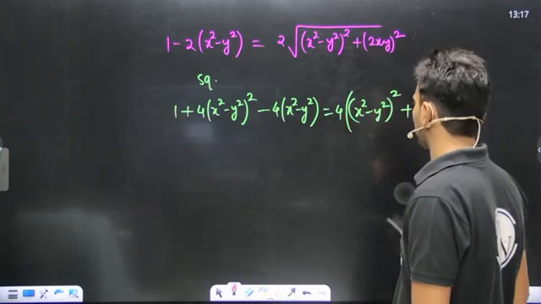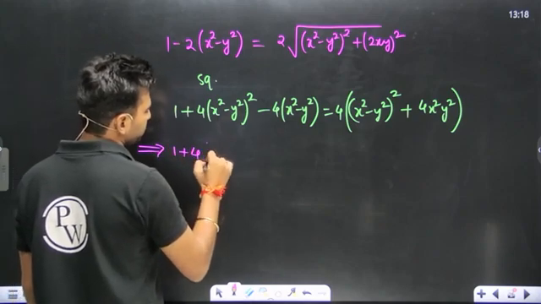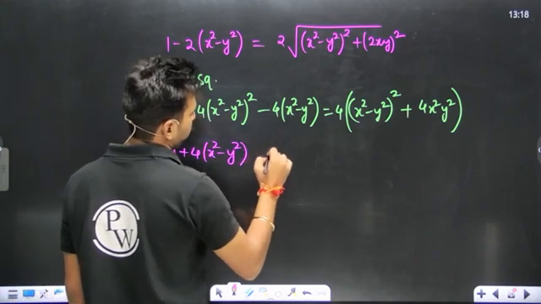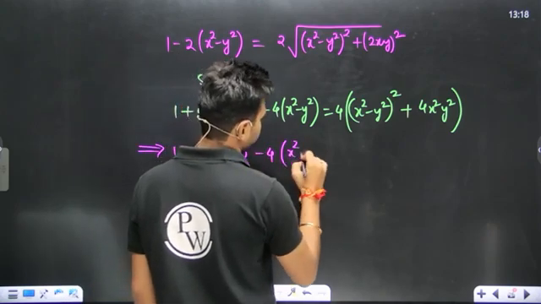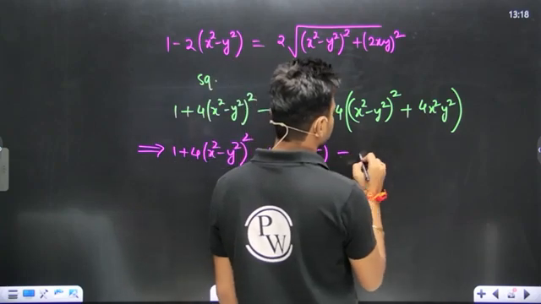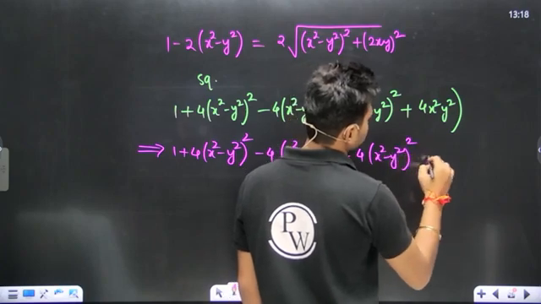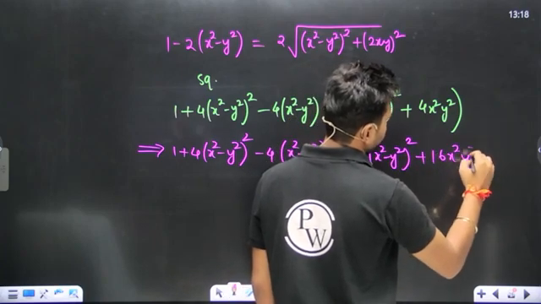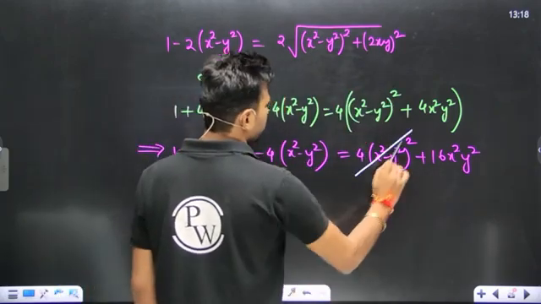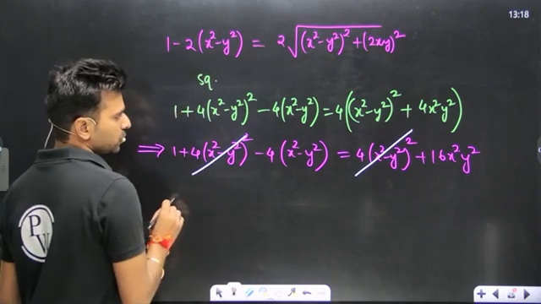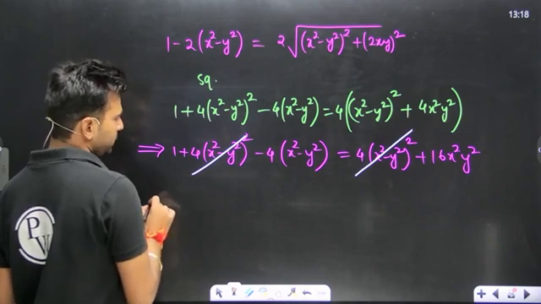Then if you see closely over here, you will observe that this can be further rewritten as something like this: four times (x square minus y square) whole square plus 16 times x square y square. So over here if you see, this term and this term are cancelled. So you are left with something like this.